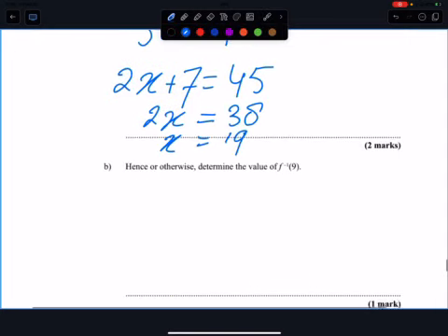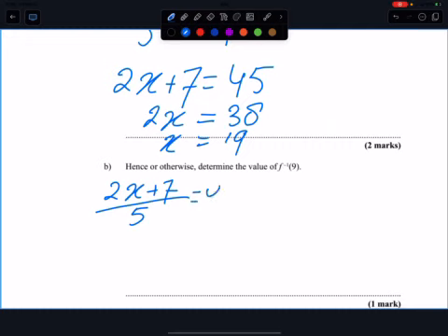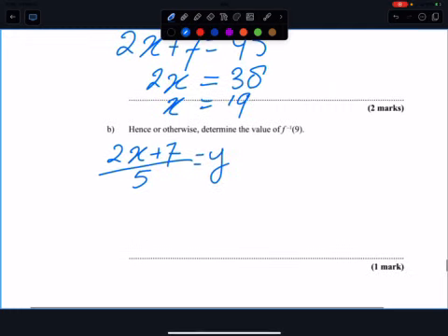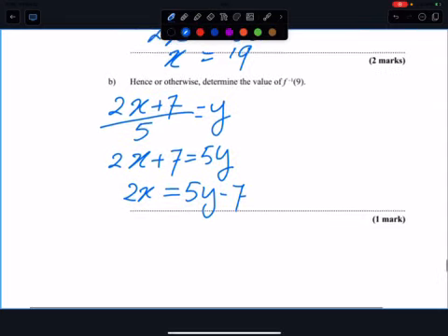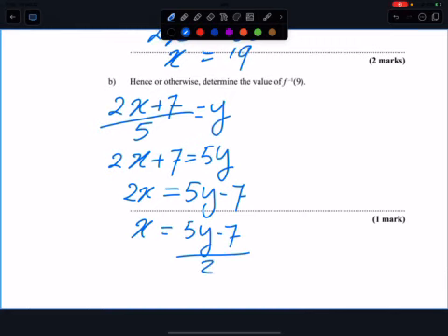Let me go back. Find the inverse of 2x plus 7. I will go at it quickly. Equals y. There we go. 2x plus 7 equals 5y. 2x equals 5y minus 7. X equals 5y minus 7 divided by 2.